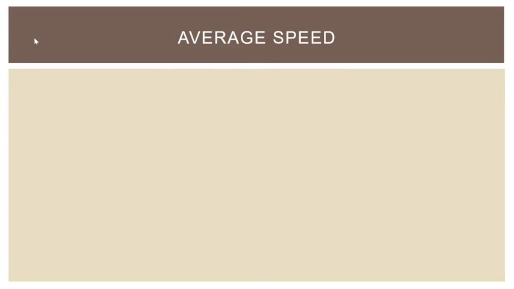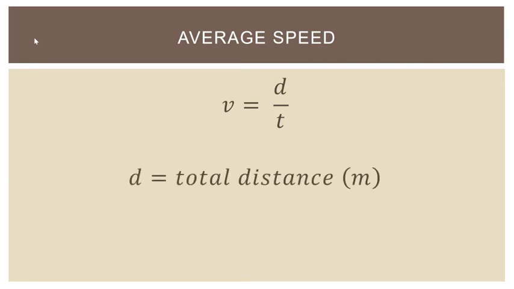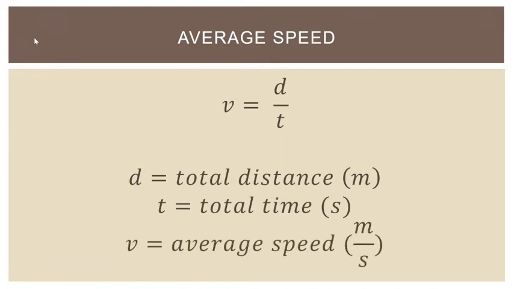So since taking the units for distance and the units for time and dividing them gives us speed, we can just go one step further and say speed is distance divided by time. And that's shown to us here by this equation, v equals d over t, where d is the total distance, t is the total time, and v is the average speed.